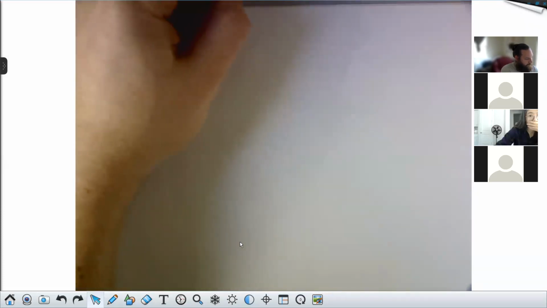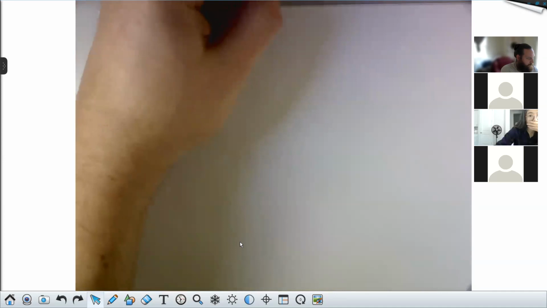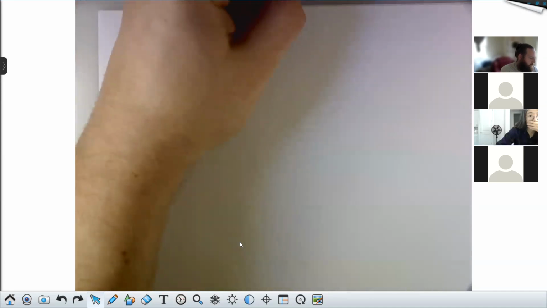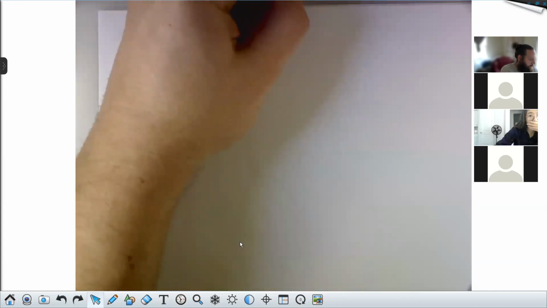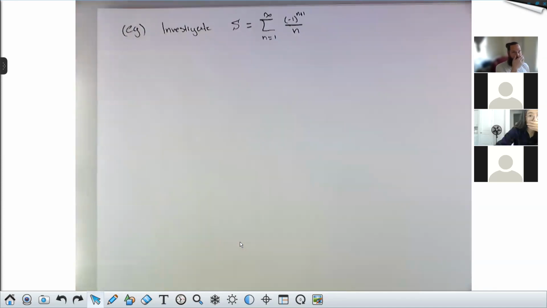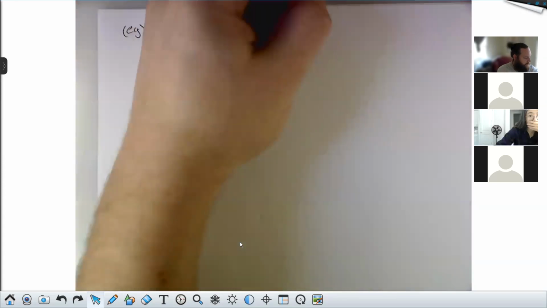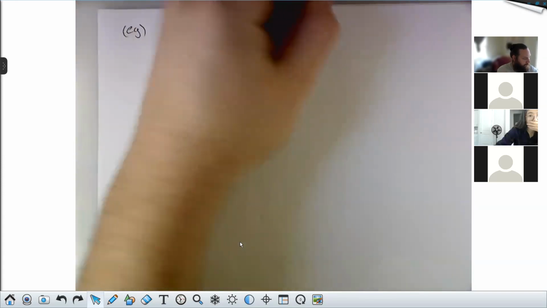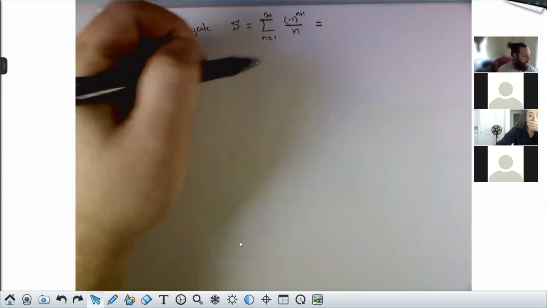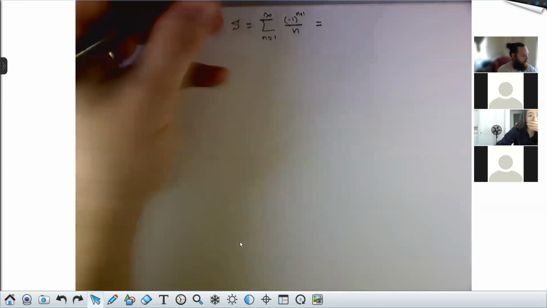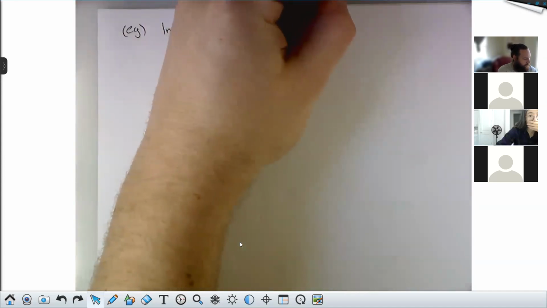Let's investigate the series S equals sigma n from 1 to infinity of (-1)^(n+1) over n. This is a quite famous series. It has a name. And to see what that is, let's start writing out some terms. When n is 1, we get (-1)^2 over 1. (-1)^2 is 1, so this is just 1.